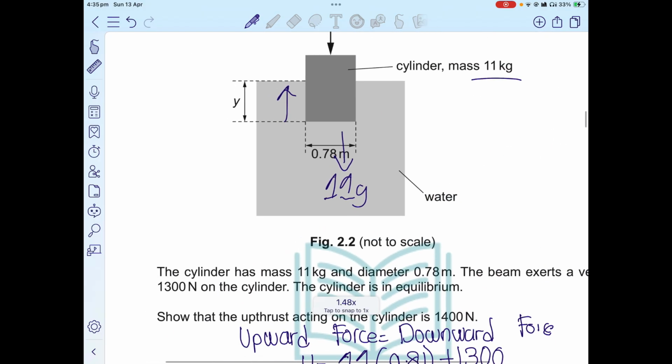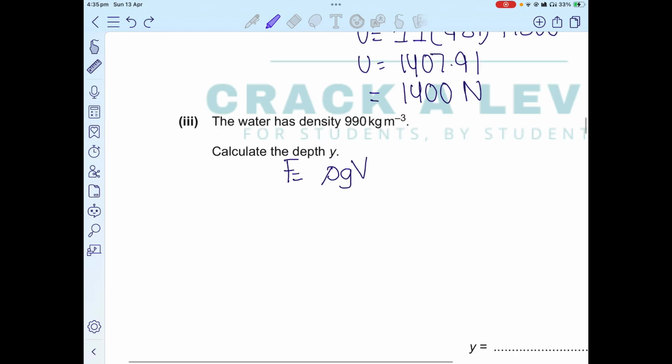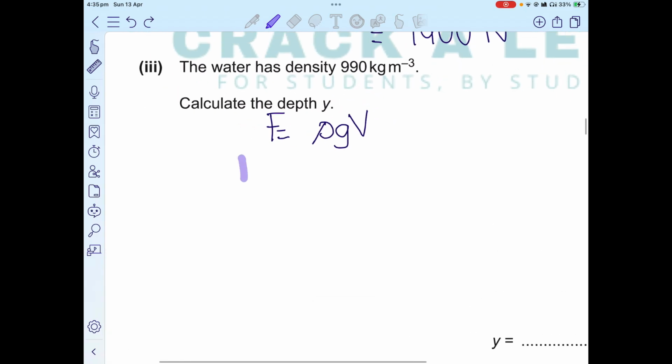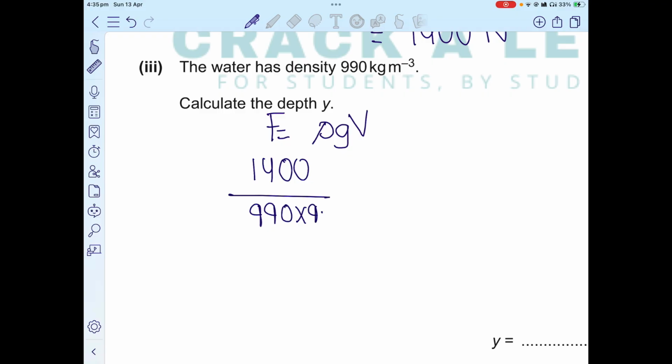V basically refers to how much volume is displaced by the cylinder, or essentially the volume of the cylinder in the water, which is this part, not the above part, only the volume of water that has been displaced by the cylinder. Writing down the formula for the upthrust: the upthrust is 1400 newtons, divided by the density, which is 990 into 9.81.